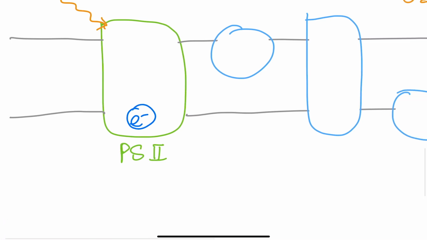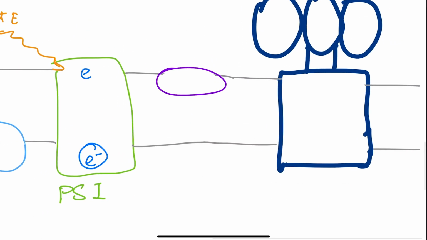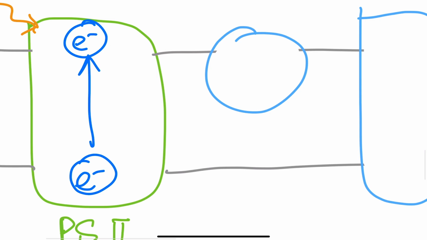They're going to be excited, so they move up to a higher energy level. Actually, maybe it does not leave the photosystem, but it just gets higher up, as in it's now at a higher energy level.